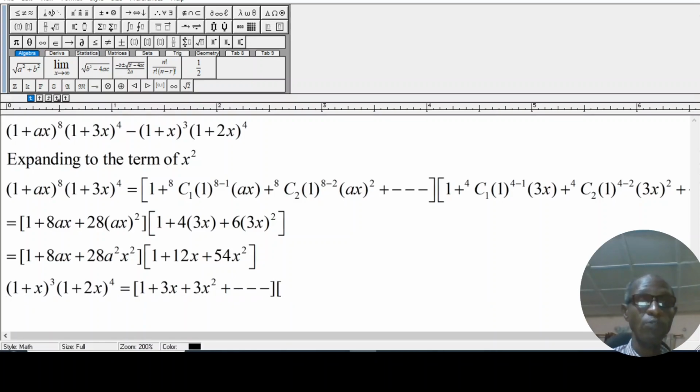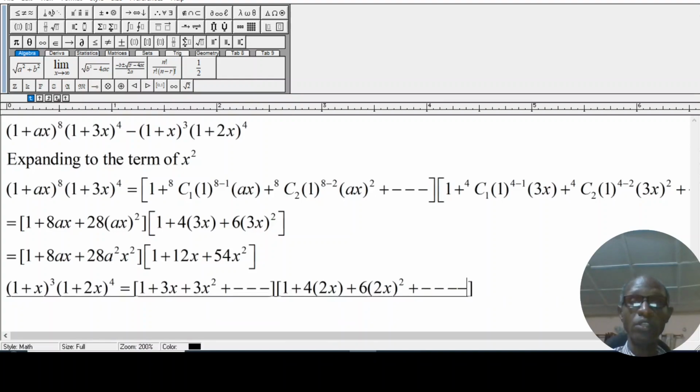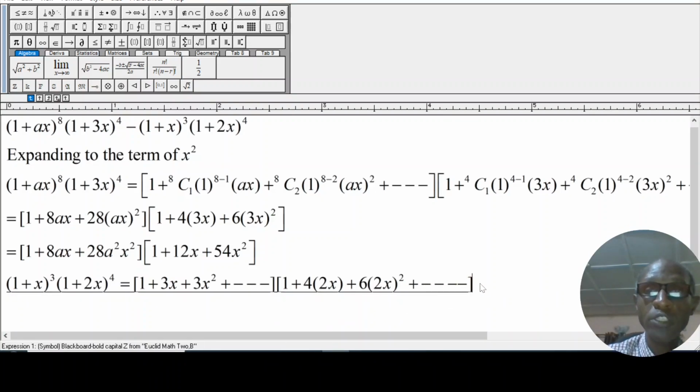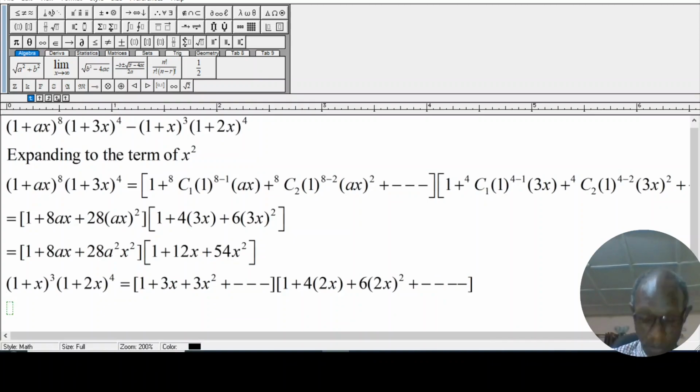So then for the other one, we have 1 plus 8 plus 4 into 2x plus 6 into, put that into the expansion. So that will be 3x all squared. So replicate. We have also ignored the terms that we don't need. So we expand this and then get the values out. So we have, let me just copy this.